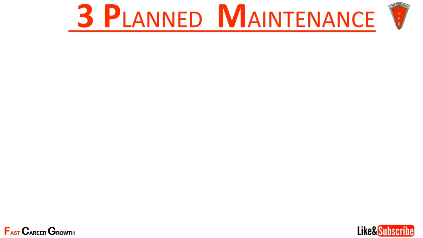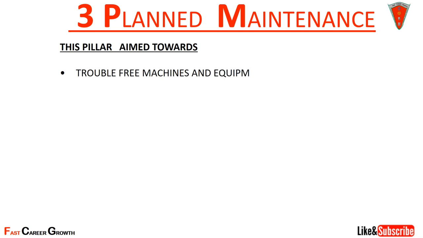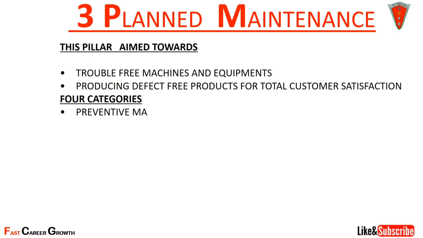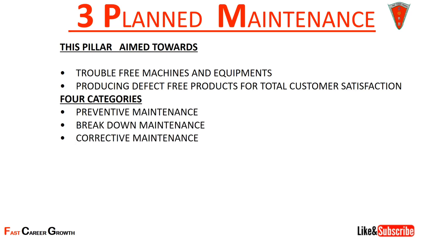So the third pillar of TPM is plant maintenance. This pillar aims towards trouble-free machines and equipment, producing defect-free products for total customer satisfaction. There are four categories: preventive maintenance, breakdown maintenance, corrective maintenance, and maintenance prevention.